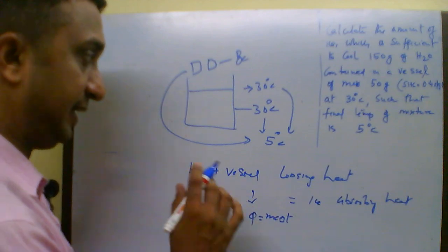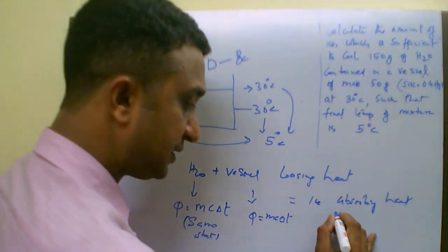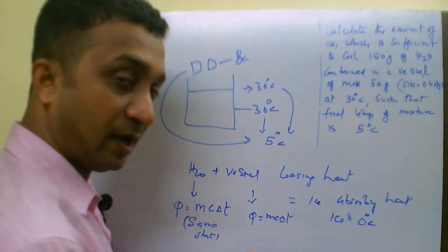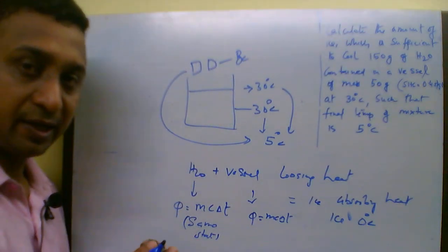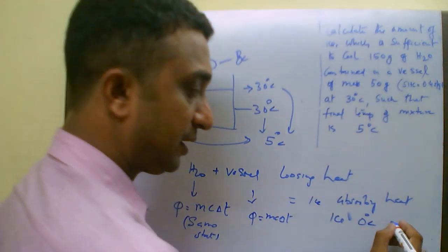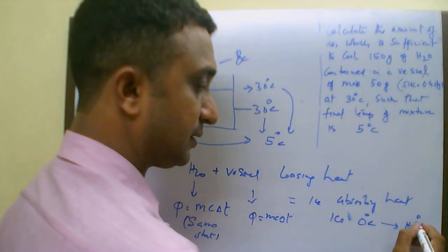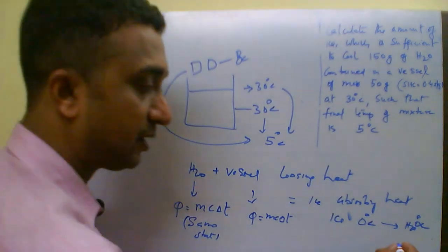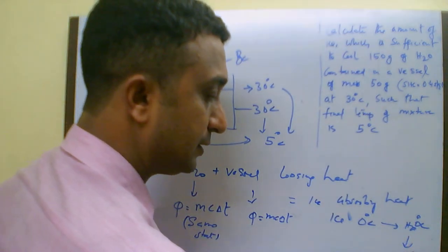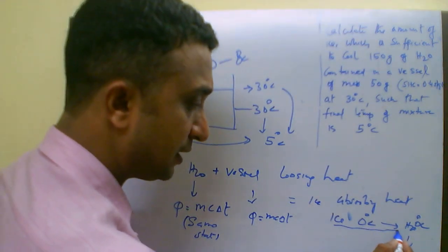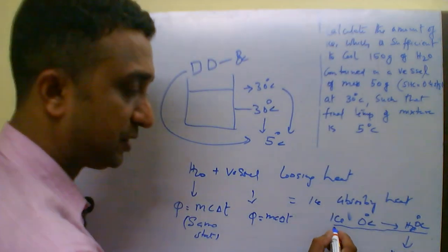Now for ice, see, initially ice is at 0 degrees Celsius. And what transformation will take place? The ice at 0 degrees Celsius will get converted into water at 0 degrees Celsius initially. Then that water will go to water at 5 degrees Celsius. So for ice at 0 degrees Celsius to water at 0 degrees Celsius, which equation should we use?